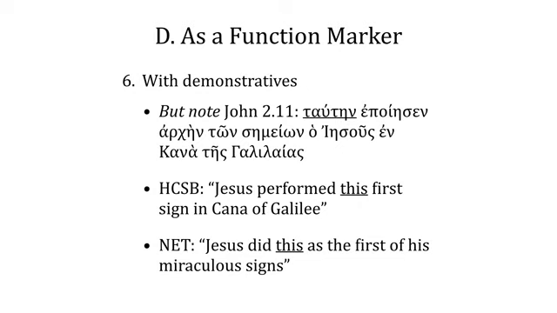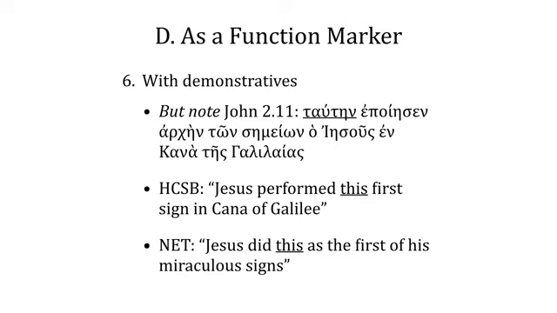They are taking tauten, this, as an attributive pronoun modifying sign. But if we are to do that legitimately with Greek, the archen must have the article ten with it. It does not. So that really is not a very accurate translation, and it makes some theological difference.